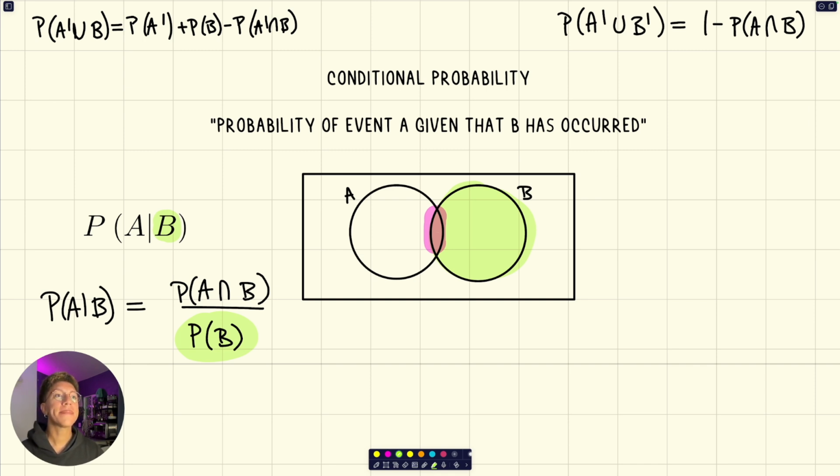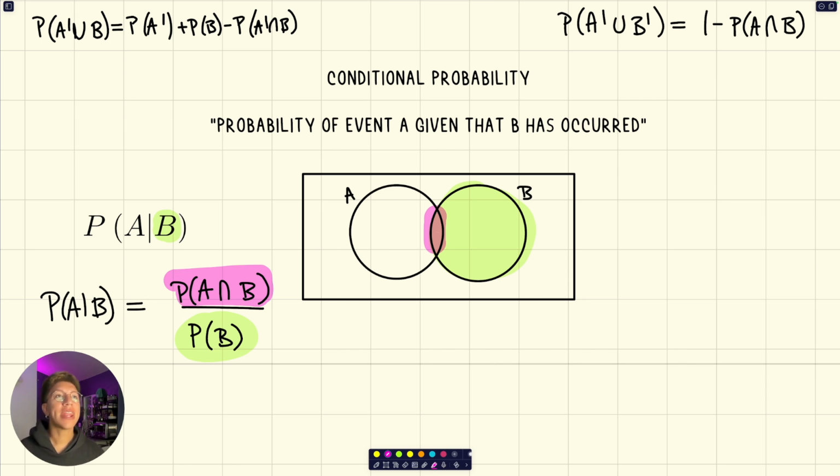In the top, we're taking a look at the place inside of our given condition where A happens, which happens to be the intersection, like that. And so if we take the probability that's there, divided by the probability that's in the green area, that will give us the probability of A given B. We're not going to put any numbers to this until we get into the homework or the practice problem. Right now we're just really looking at the intuition, we're looking at the diagrams to get a feel of what it means.